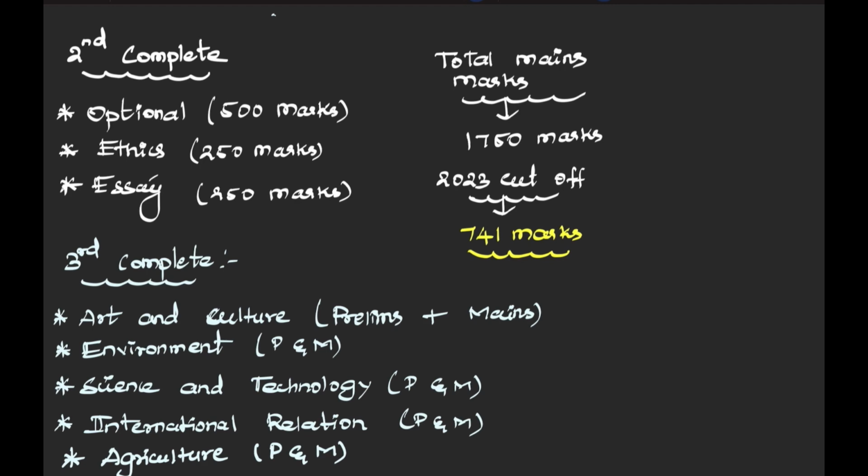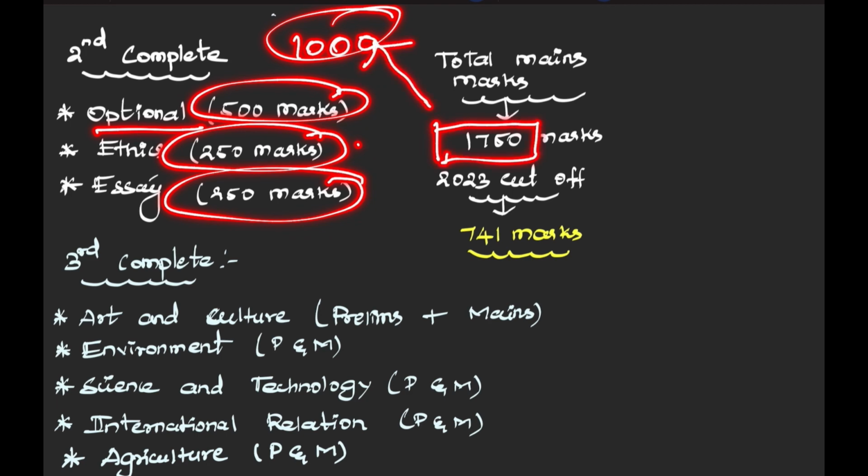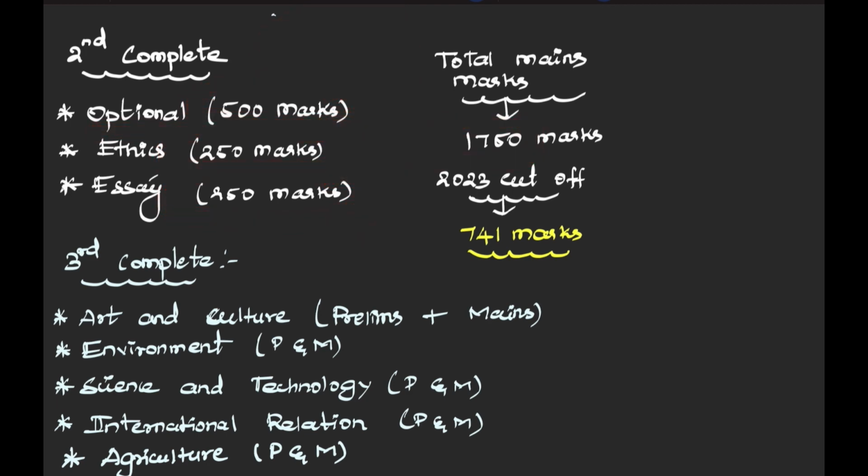And calculate the marks here. If you're studying optional, 500 marks, and ethics 250 marks, and essay 250 marks, total how many marks? 1000 marks. Out of 1750, you are getting 1000 marks just by studying optional, ethics and essay. And for essay, you don't need to do anything at all, right? Whatever you're studying in the GS, you simply use that here.